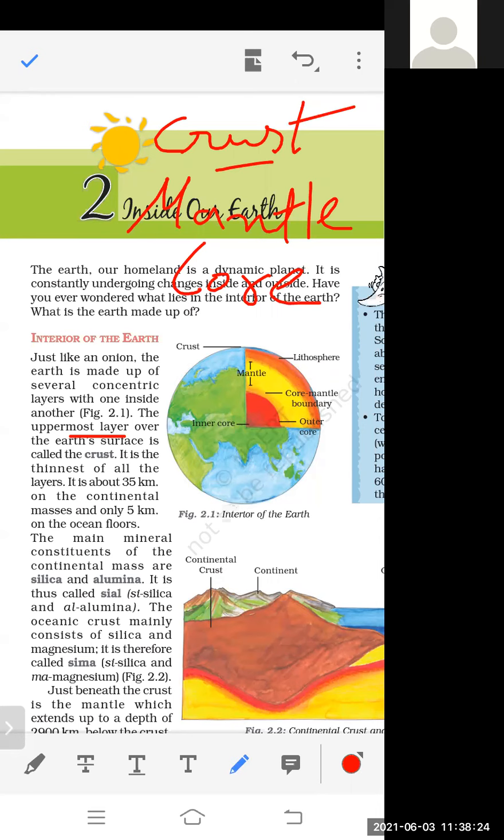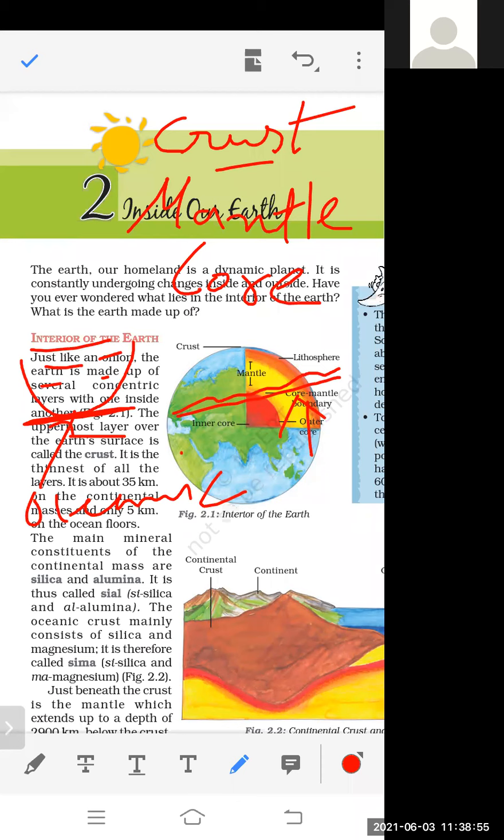Now the crust is also of two types, oceanic and continental. If there is an ocean and it is full of water but it still has a rigid, solid base, that is called oceanic crust. And a continent is totally made up of a rigid, solid slab, so this is called continental crust.